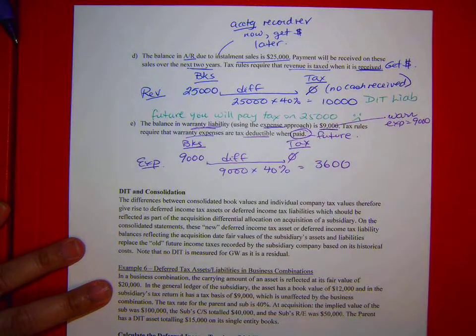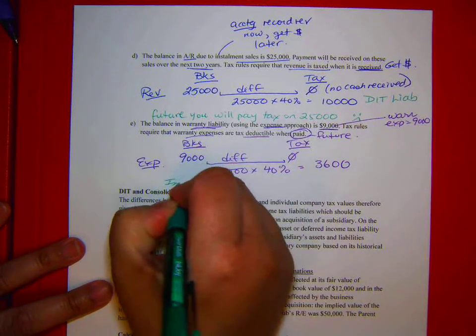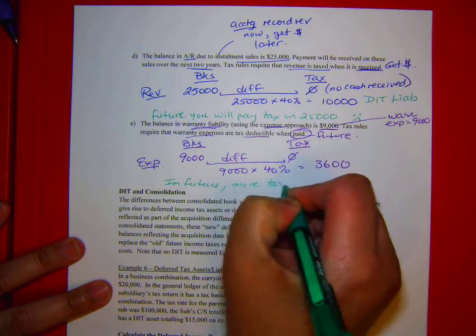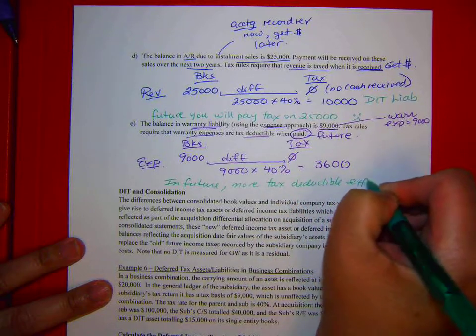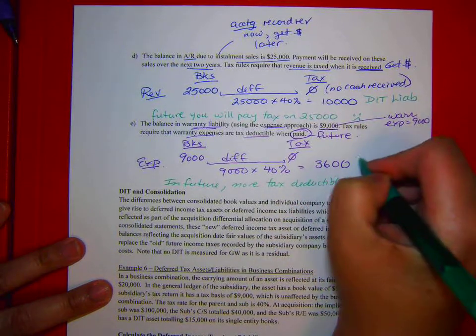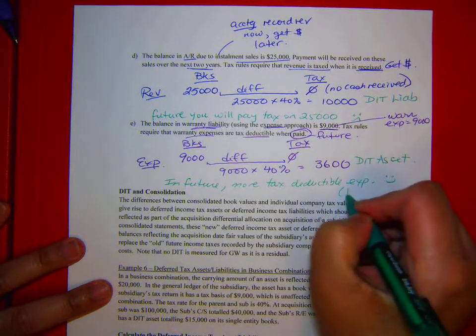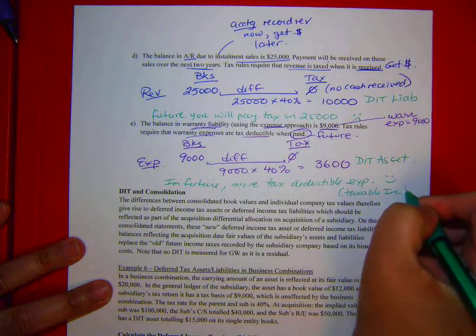So future you is happy. So in the future, more tax deductible expenses. So you're happy, which makes it a DIT asset. So taxable income goes down.